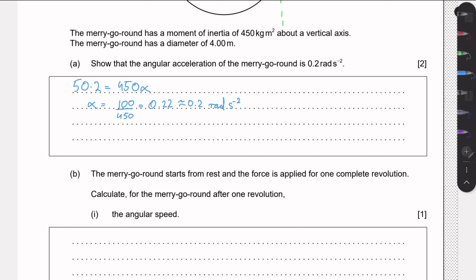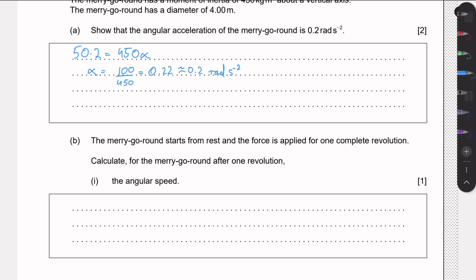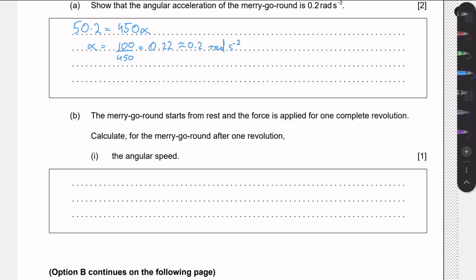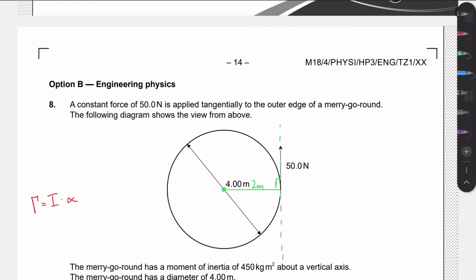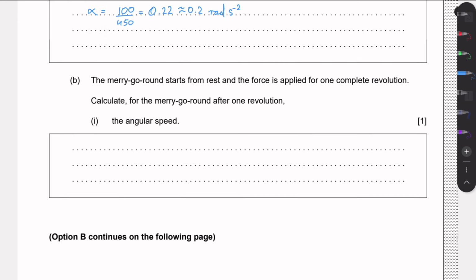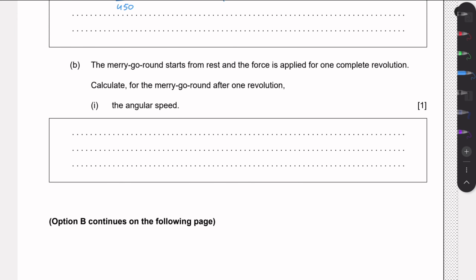Alright, and now we are told that the merry-go-round starts from rest, and this force is applied for 1 complete revolution. We need to calculate the angular speed after 1 revolution. During this motion, we have a constant acceleration, as this torque is constantly making it rotate with a constant distance from the axis.